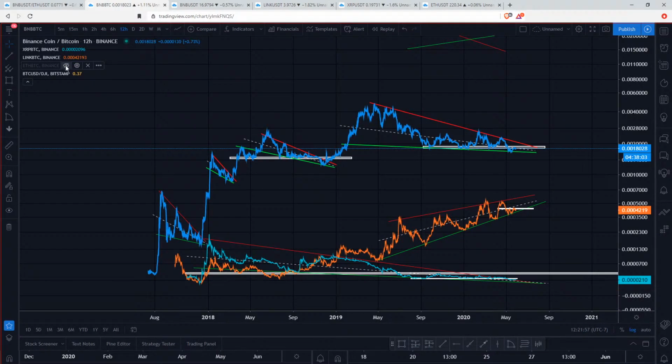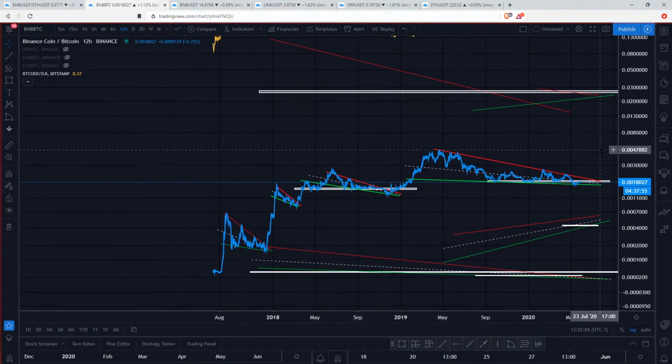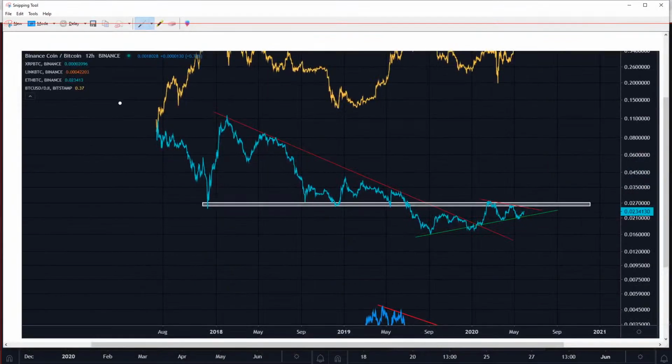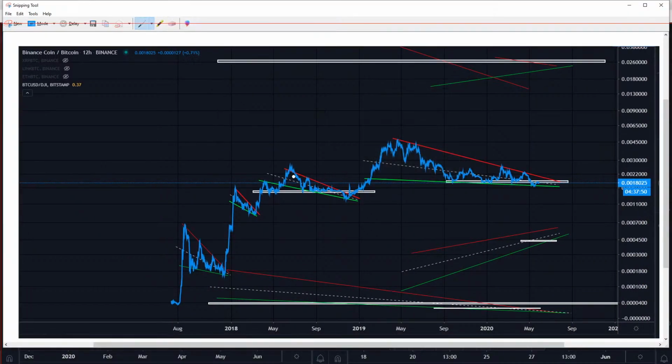Let's just take away this and take away XRP, just so we have a clean chart, as well as Link. All right. So this is extremely bullish in my personal view in terms of the comparison of Binance Coin versus BTC.